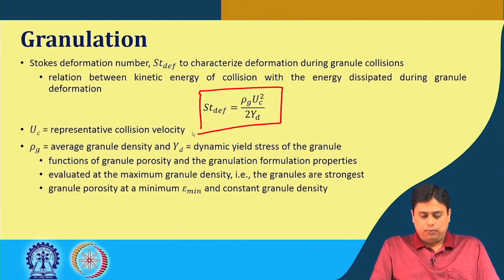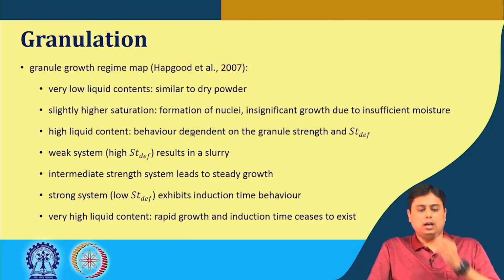So, if these are combined, then we can have a granule growth rate regime map. Now, in this regime map, we see that at very low liquid content, the product state is basically similar to that of a dry powder, which is difficult to flow.